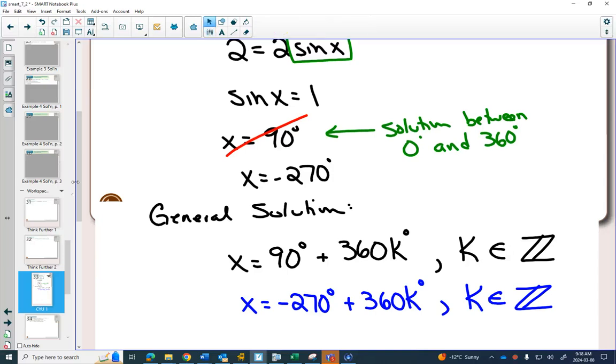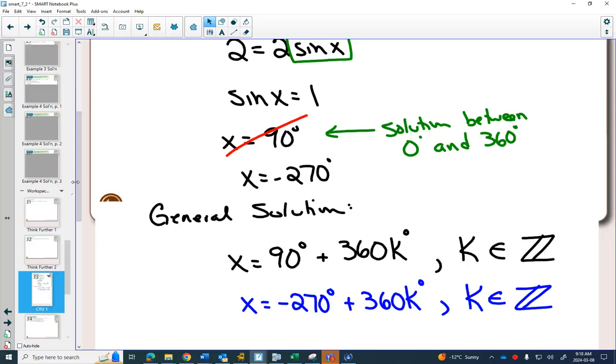The general solution, and this is why this is good, because you have to know how to write coterminal angles in chapter 6. Coterminal angles say, pick one of them, and if you add 360 times k, you will get to every single one after that.